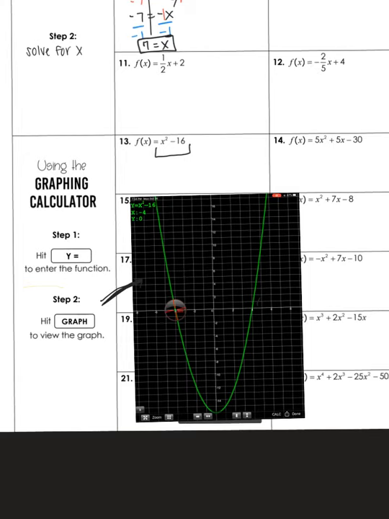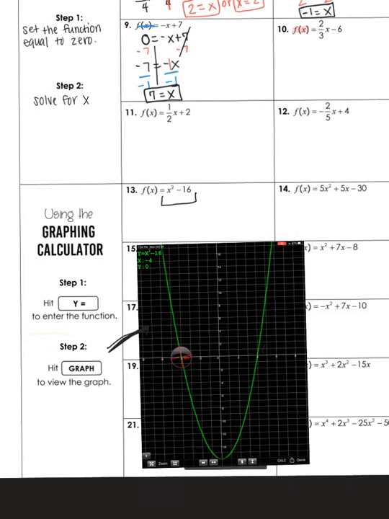We had a solution here, and that one was at x equals -4. And then our second solution is here, and that one is x equals +4. So in this one there are 2 solutions.